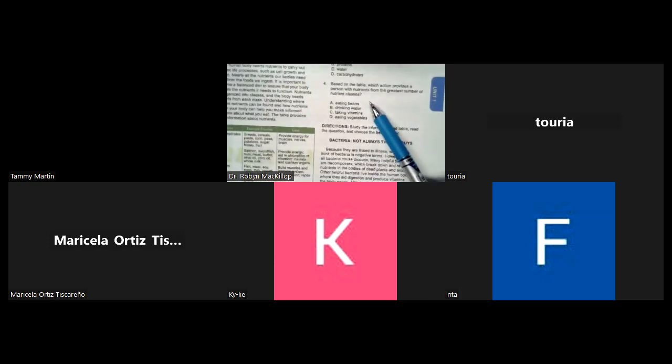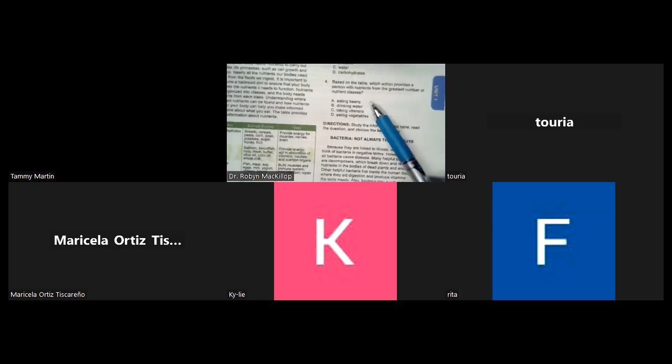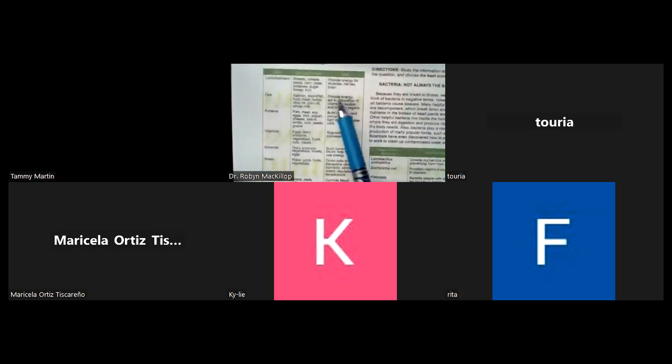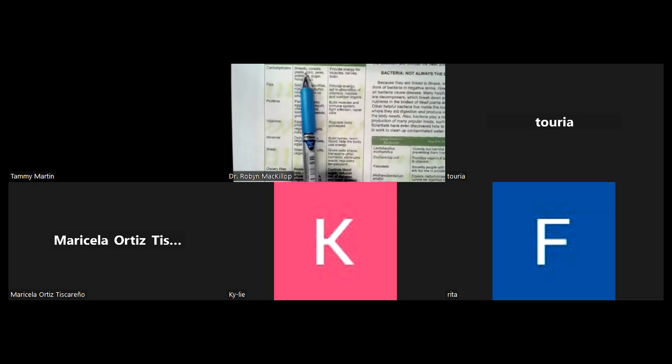Based on the table, which action provides a person with nutrients from the greatest number of nutrient classes? So what they're asking here is, is there a product where we can get a lot of different things from? That means we're going to come down this middle aisle.